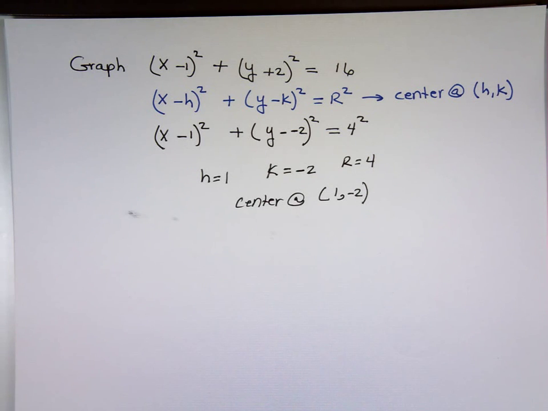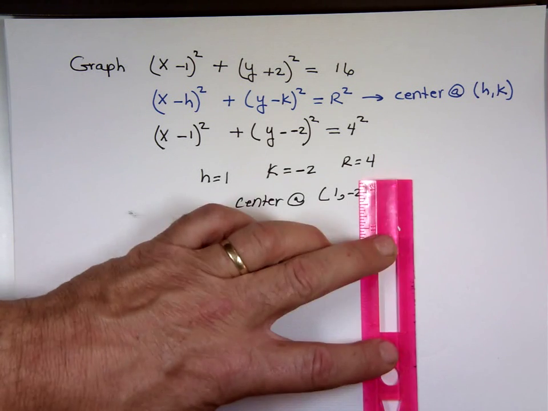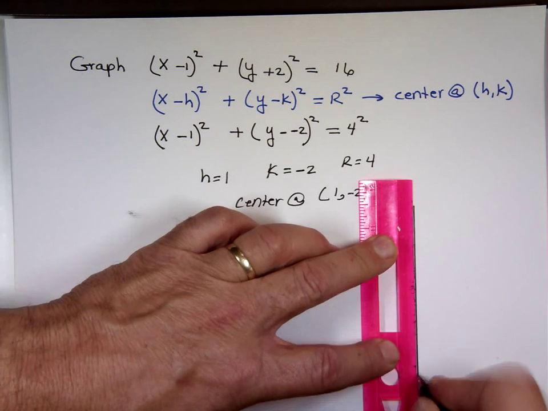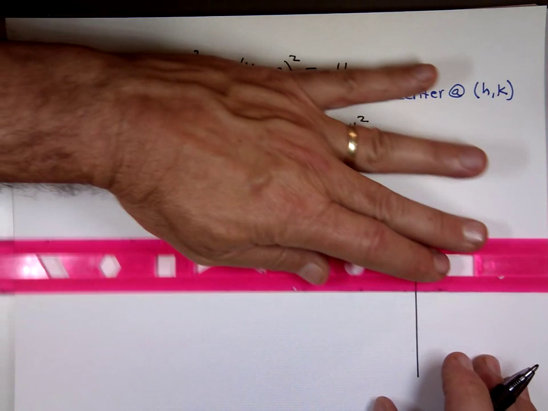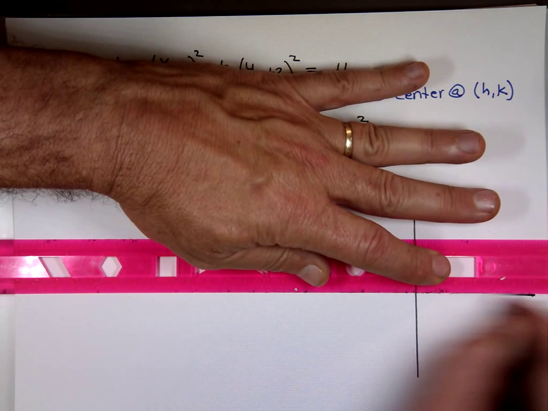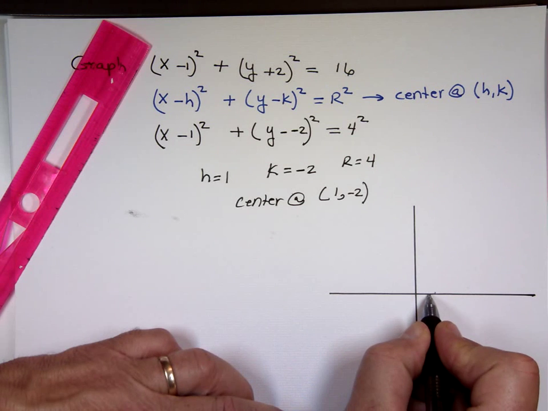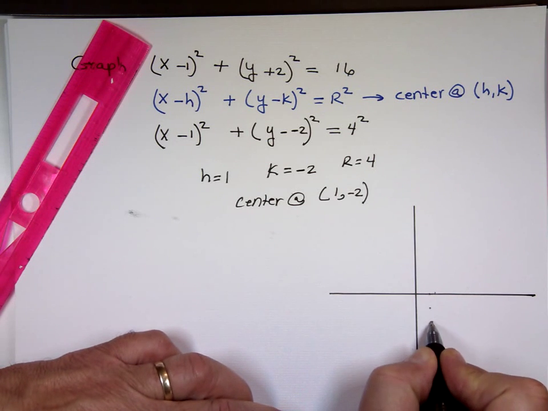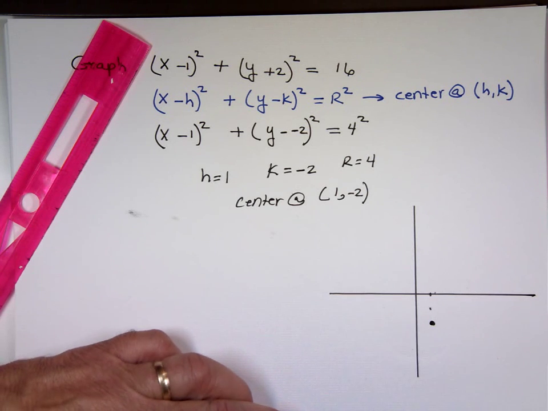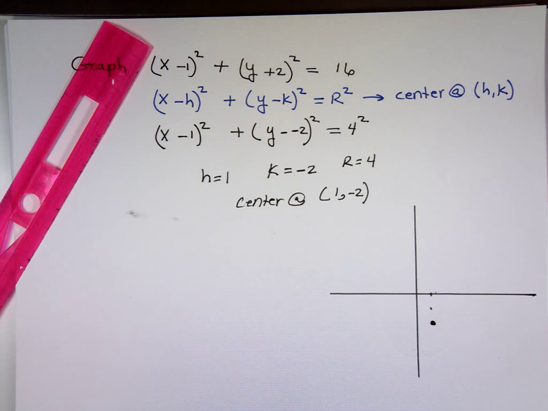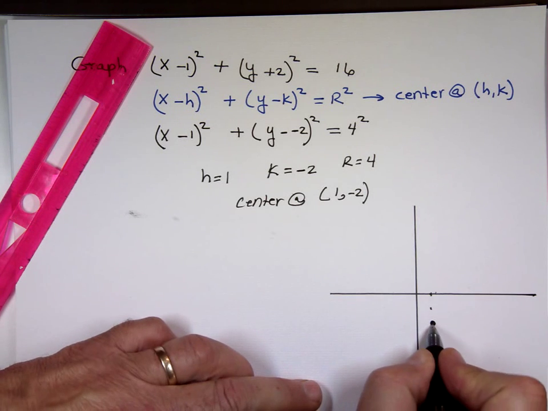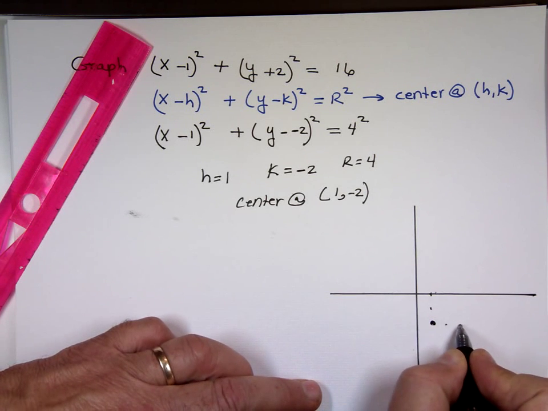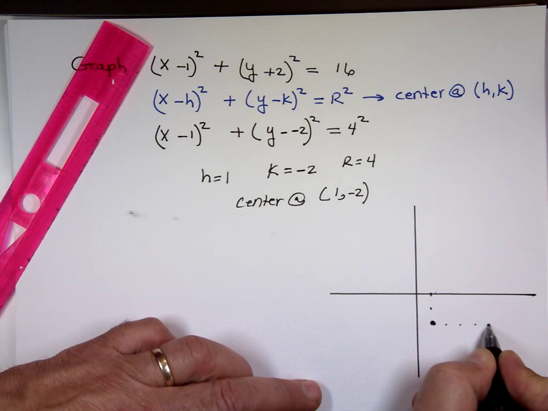So let's graph it. One and negative 2. That's where my center is. Now the radius is 4. Okay. Let's go 4 to the right. 1, 2, 3, 4. That's another point.